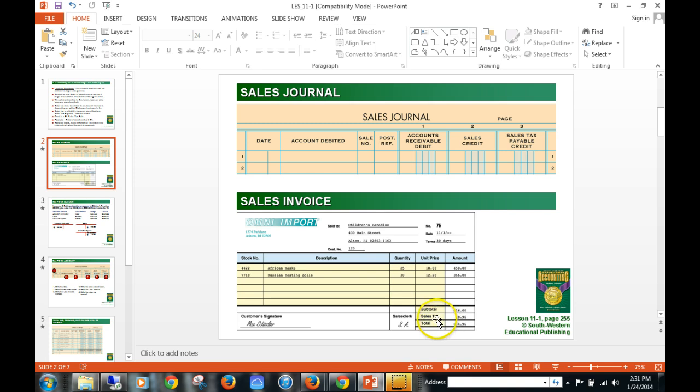Our sales tax, again, is $816 times 6%. We add those together. Here is our total sales for that transaction, $864.96. Sales clerk's initials, customer signature here, then it becomes a legally binding document. If they disagreed with you or said, oh, we didn't buy that, this would hold up in court.